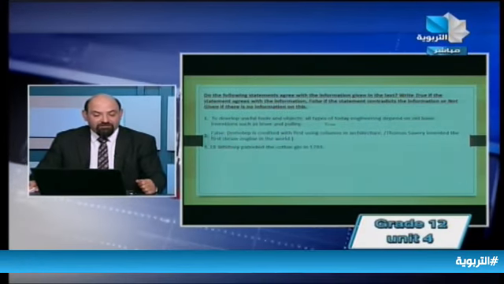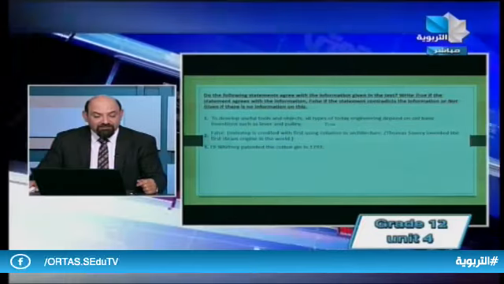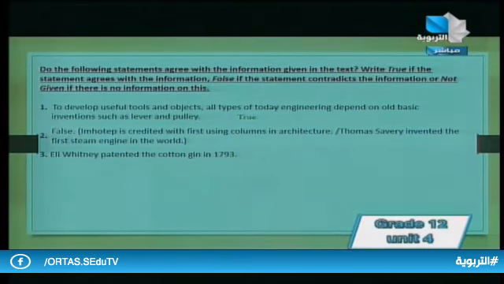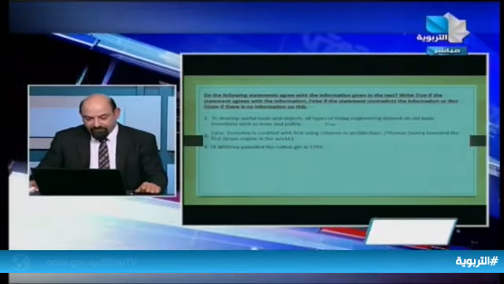The third sentence, Eli Whitney patented the cotton gin in 1793. Patented means that he was the first one who invented it, and this information is not given in the text. Number 4, the invention of James Watt contributed to the growth of mechanical engineering.